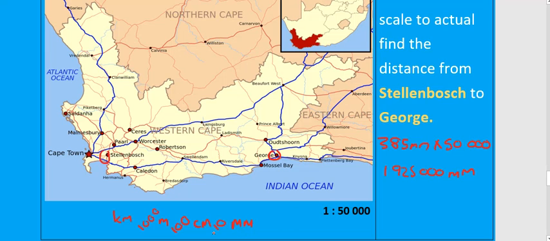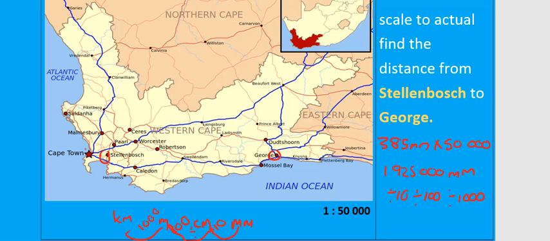Okay, so if we want to convert millimeters to kilometers, we would divide by 10 to get to centimeters, and then we divide by 100 to get to meters, and then finally we divide by 1,000 to get to kilometers.